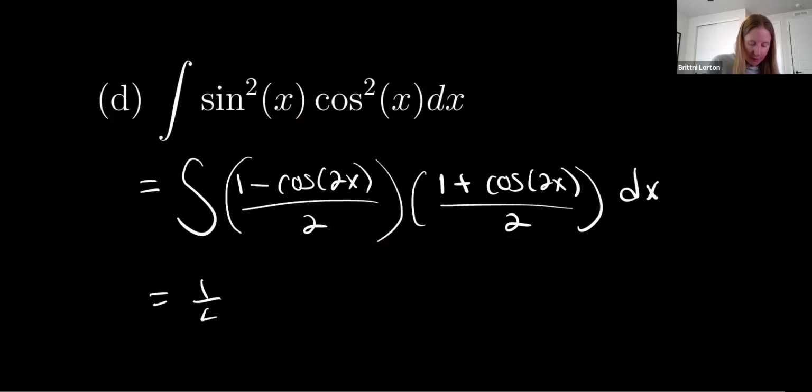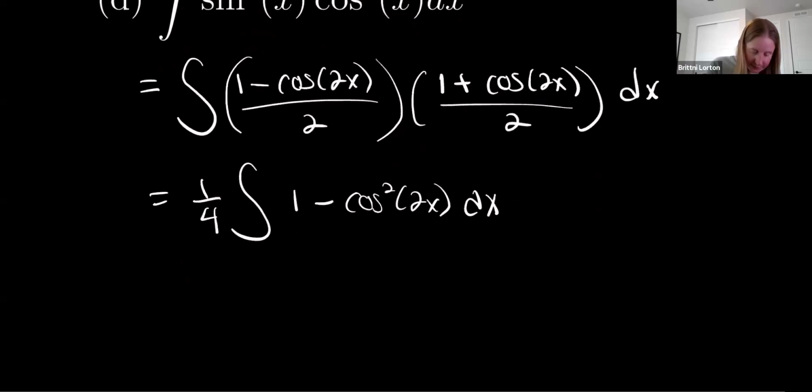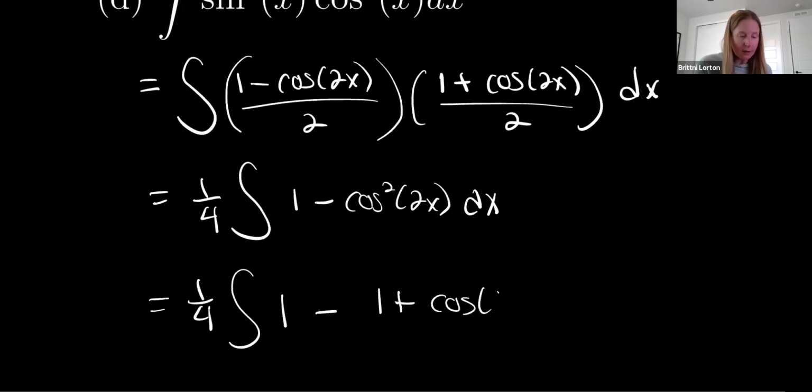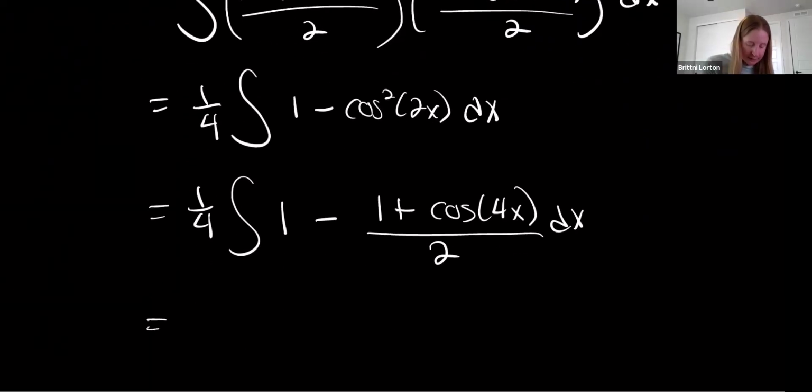Then I can take that 1/4 outside the integral, and then I could FOIL. I'll skip the FOILing for you, but it is 1 minus cosine squared of 2x dx. And then again, I don't know the integral of cosine squared, so I would use that same trig identity. Don't forget to double the argument. So 1 plus cosine of 4x over 2, and then don't forget to distribute.